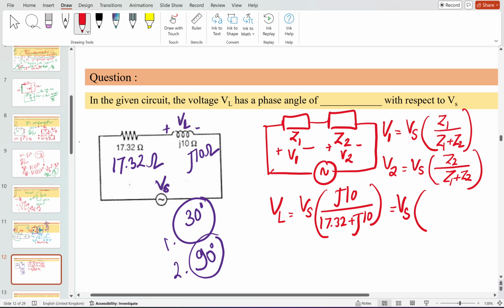It is coming out to be 0.5 angle. What angle are you getting? Anybody? Complex 2.